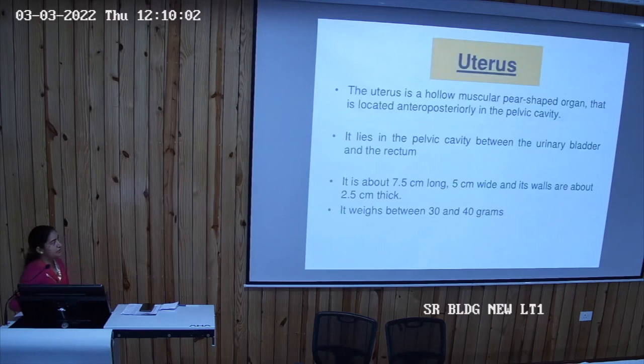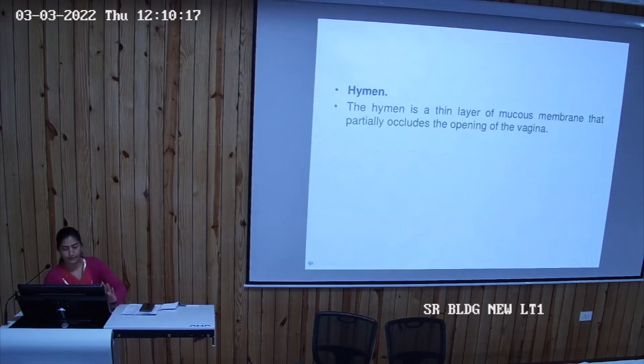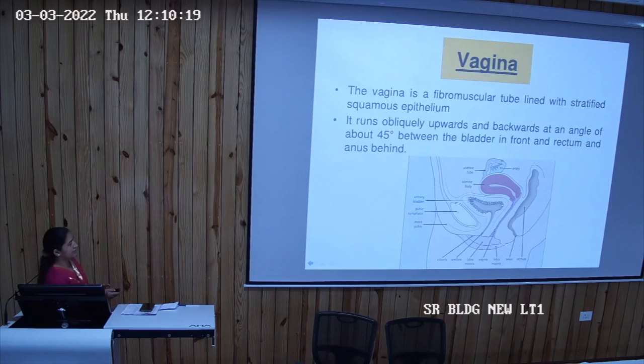Then come to the uterus. The uterus is a pear-shaped organ lying between the bladder and rectum. This organ is not lying actually straight, it is flexed. If you have seen the last picture, here you can see it is anteriorly flexed. This is called anteflexion. So this is the uterus in anteflexion and anteversion.